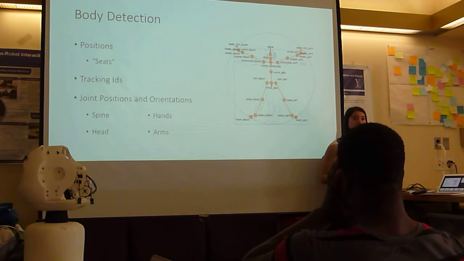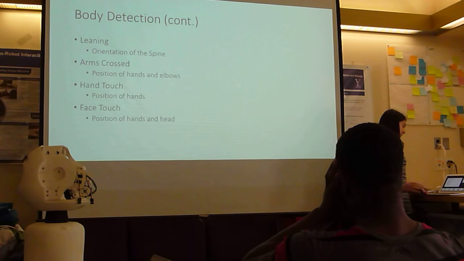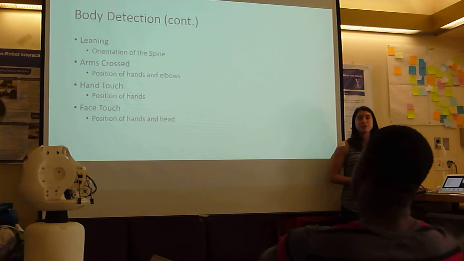Once we have a way to organize all of the data, we can look at what it sends us. It sends joint position and orientation information for about 20 different joints, but we're really looking at only a few of them: the spine, the hands, arms, and the back. With that information, we calculate four main behaviors.